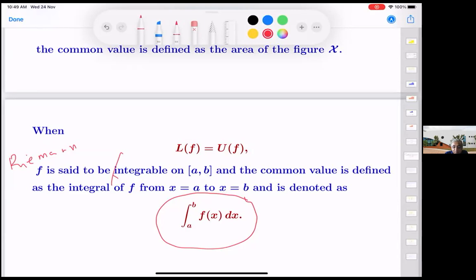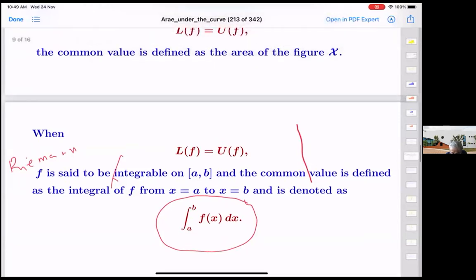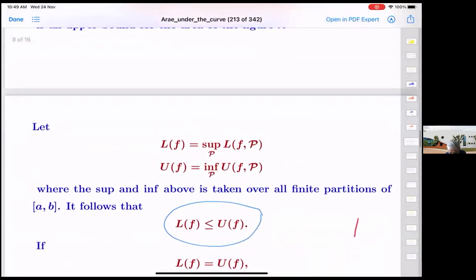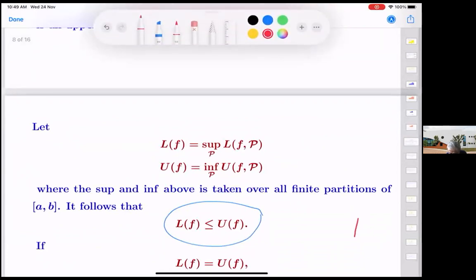We'll see sufficient conditions which will be of the following kind. For every epsilon, we should be able to get hold of a partition such that the upper bound and lower bound differ by less than epsilon.